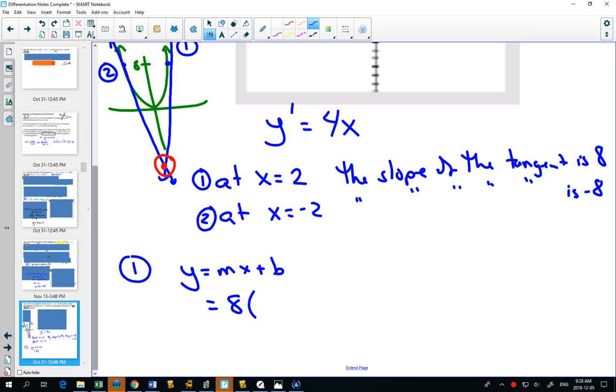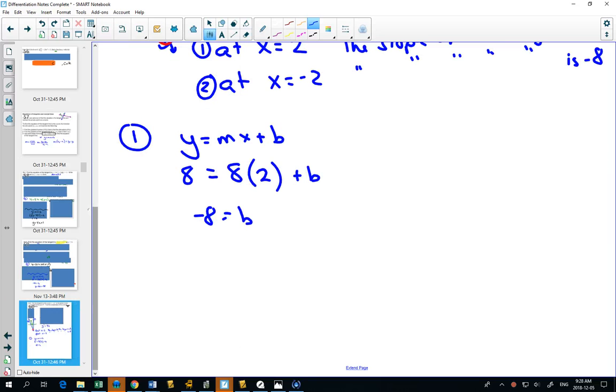I know that my point is 2, 8. And I solve that b is equal to negative 8. So in y equals mx plus b, the equation of line number 1 is 8x minus 8.